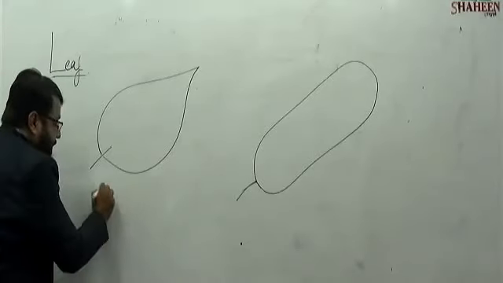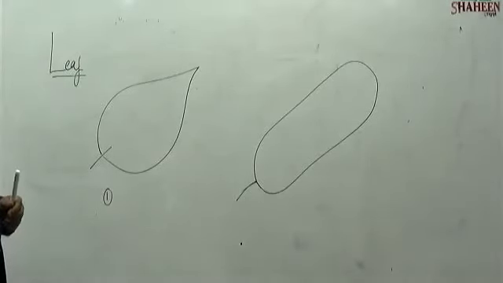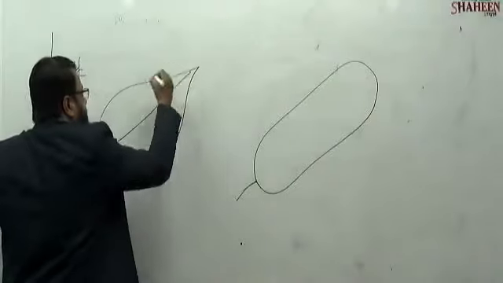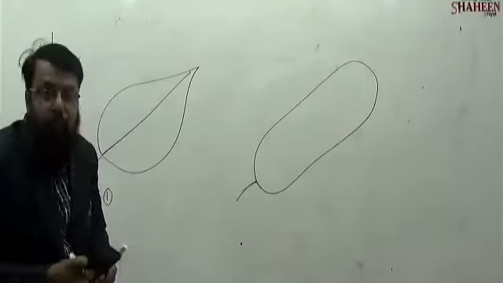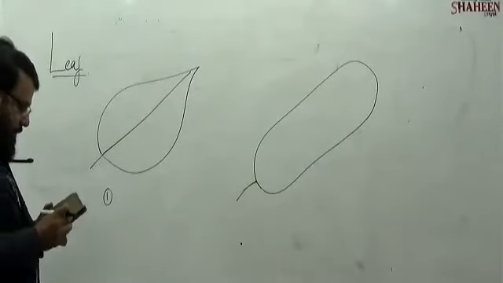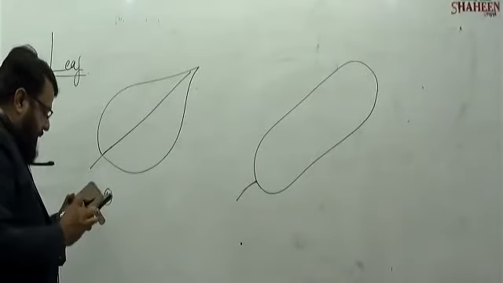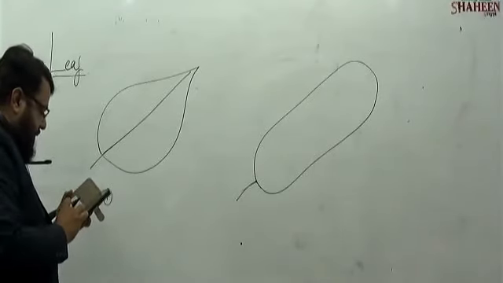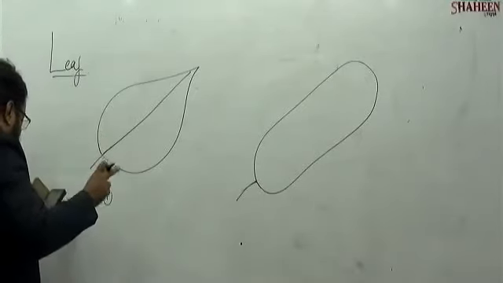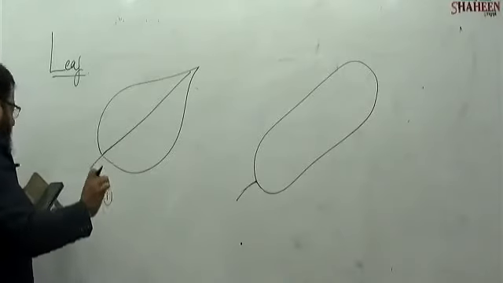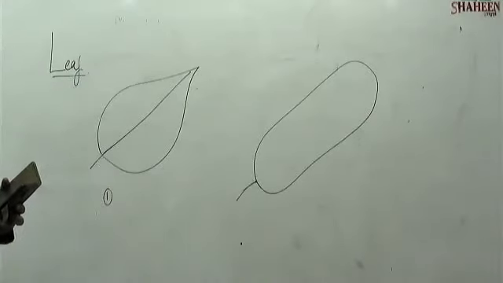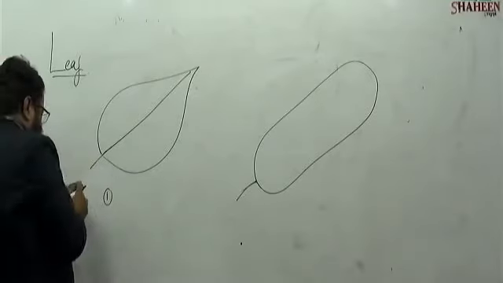First one, this is a midrib. Now answer me, what is midrib? Main vein of the leaf. Very good. The middle vein, main vein, is called midrib.